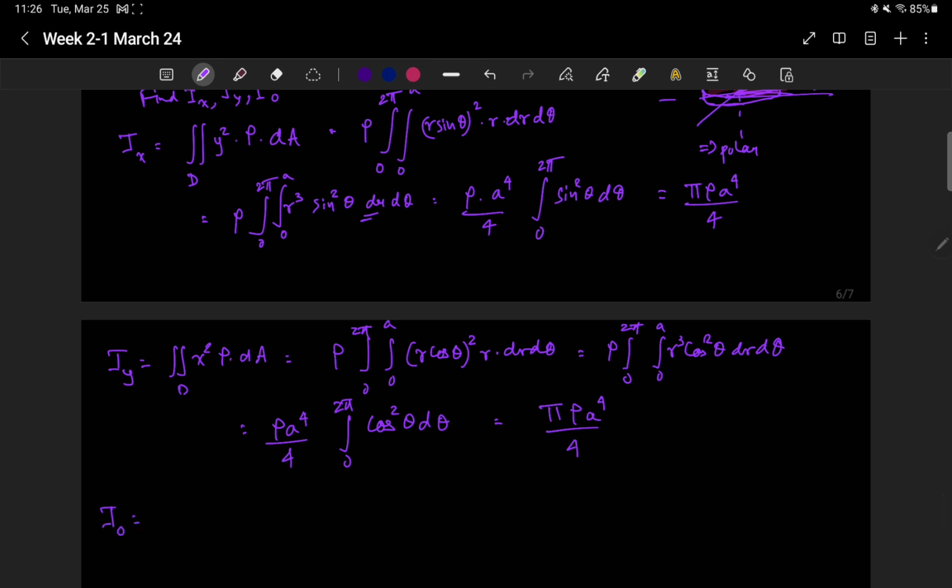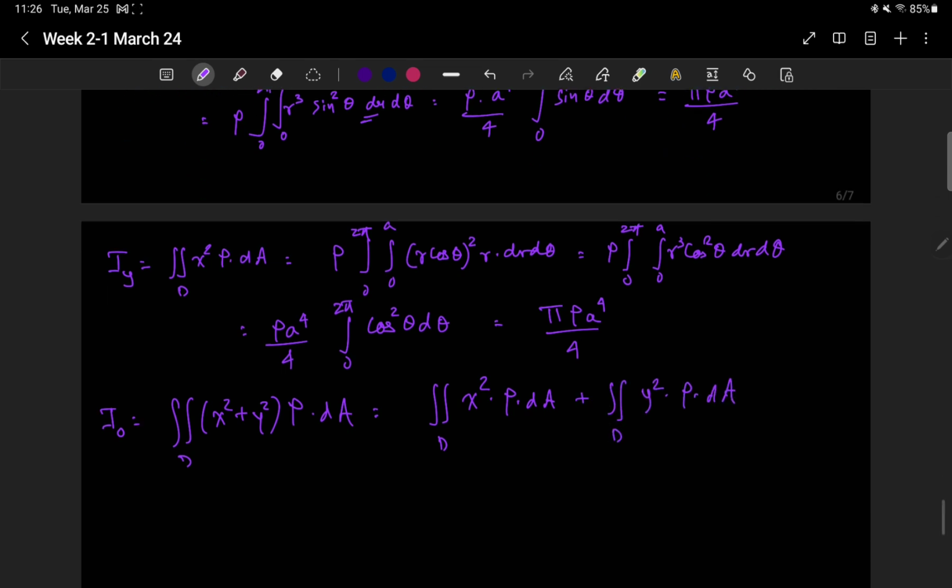Now, if you look at I naught, it's x squared plus y squared, rho dA over the region D. But since integrals can be split, this is really just x squared rho dA plus y squared rho dA, which means it's Ix plus Iy. So it's pi rho a to the 4 over 4 plus pi rho a to the 4 over 4, which becomes pi rho a to the 4, divided by 2.